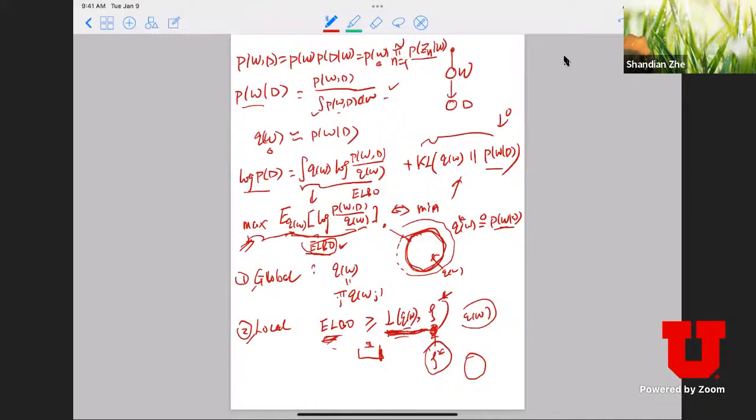And although theoretically you can make your C optimal enough to make the equality hold, to compromise with the practical computation cost, you have to restrict C as well. And although under the form of this lower bound, even if you don't restrict Q of W, we expect Q of W is very easy to compute.